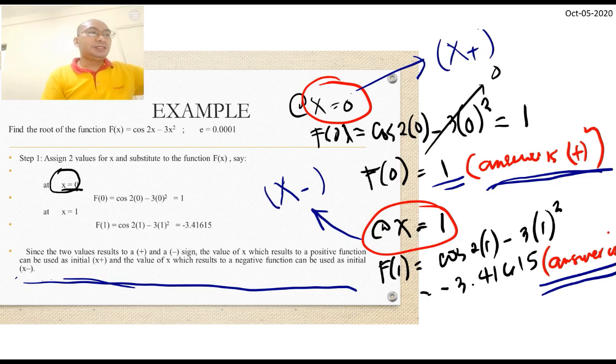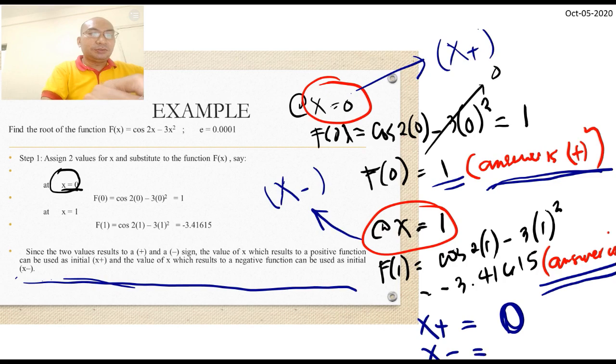So that is for step number 1. Take note, our x plus is equal to 0 and our x minus is equal to 1. These are the initial values. Whatever value of x you have assumed here will be your x plus and your x minus.